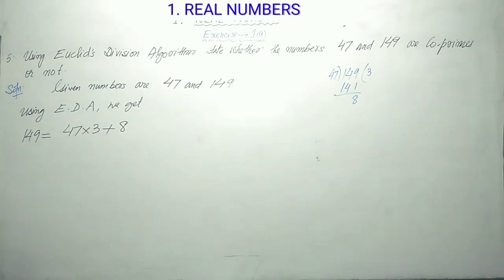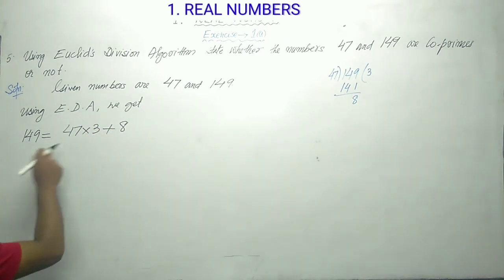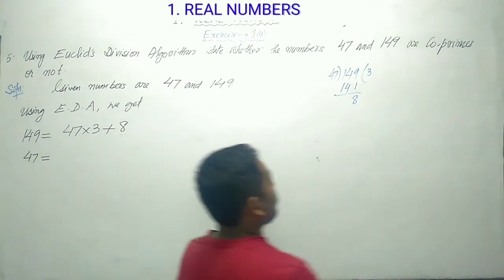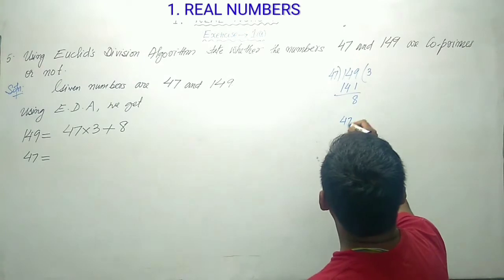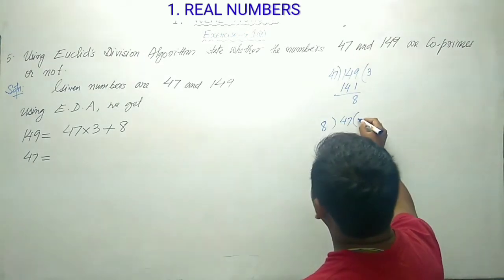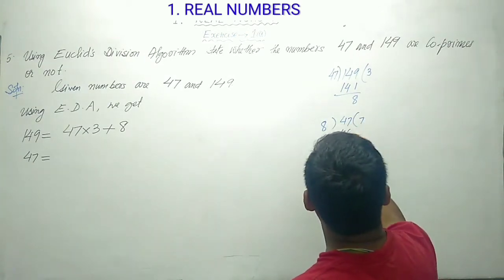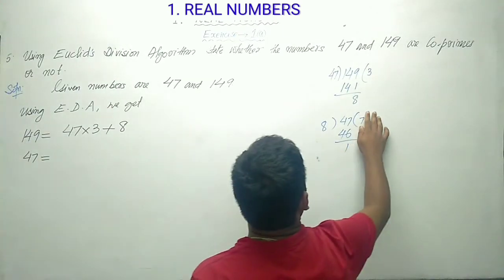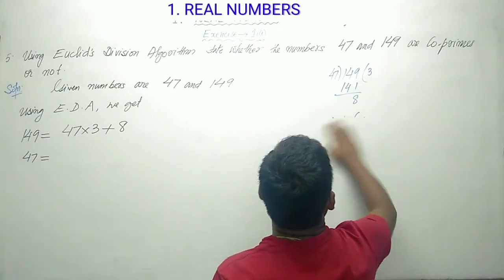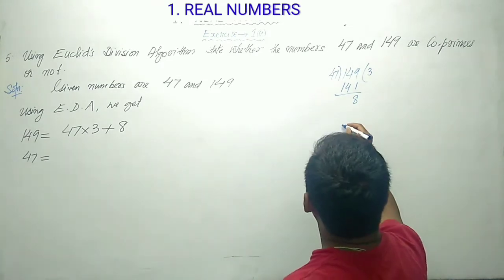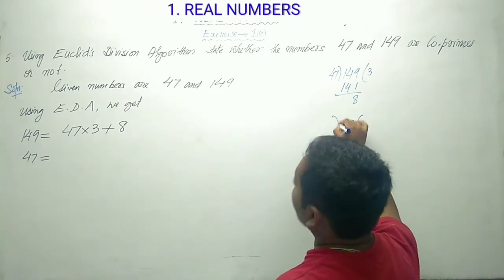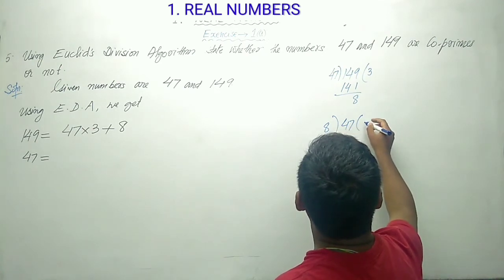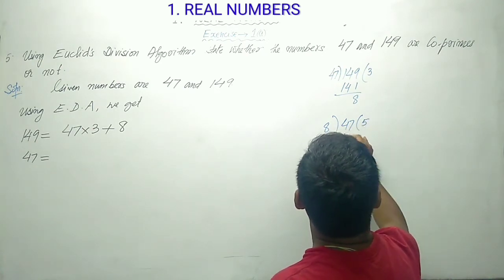The remainder is not 0. Let us divide 47 by 8. 8 5s are 40.